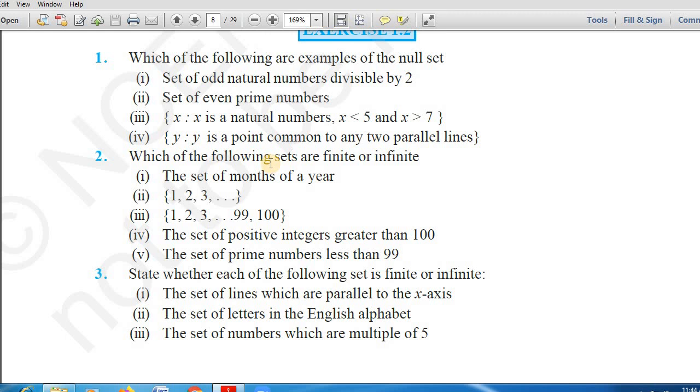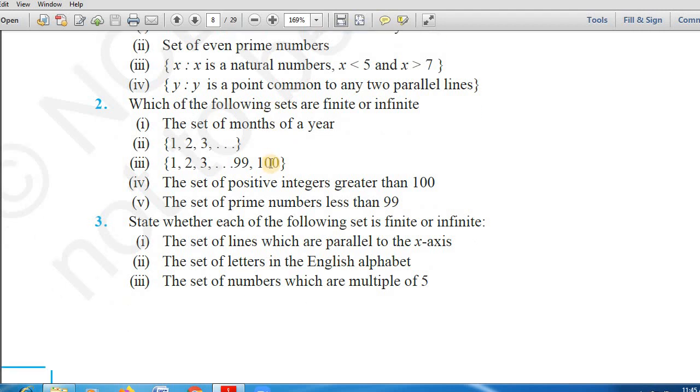Set of positive integers greater than 100: how many numbers are there? Infinite numbers. Infinite set. The set of prime numbers less than 99: a few prime numbers will be there which are less than 99, so it's finite. So thus we can distinguish whether a set is finite or infinite.